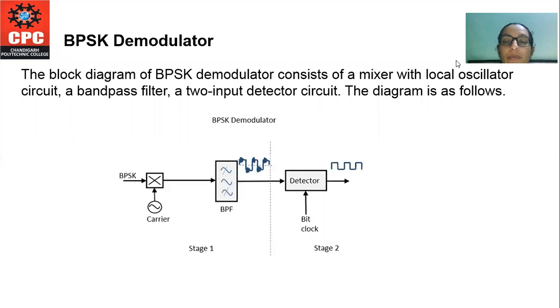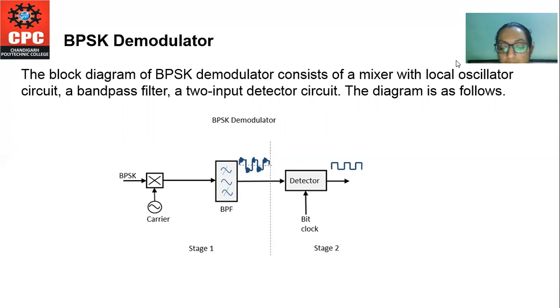So let us start with the demodulator part. Here, the demodulator consists of a mixer with a local oscillator circuit, a band pass filter, and a two-input detector circuit. The detection of binary phase shift keying is very similar to the coherent detection of ASK, but there is a difference in the choice of threshold level.